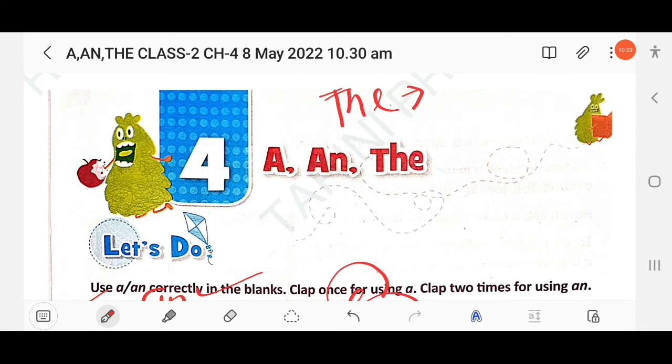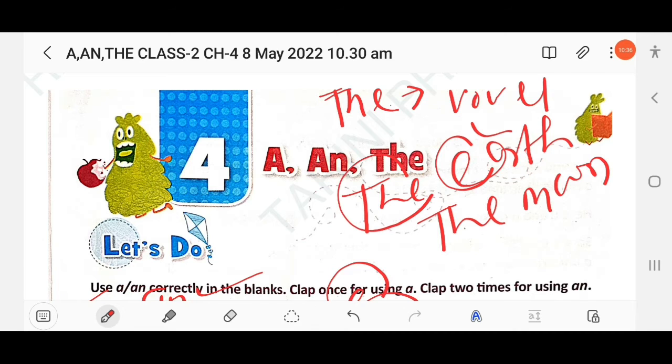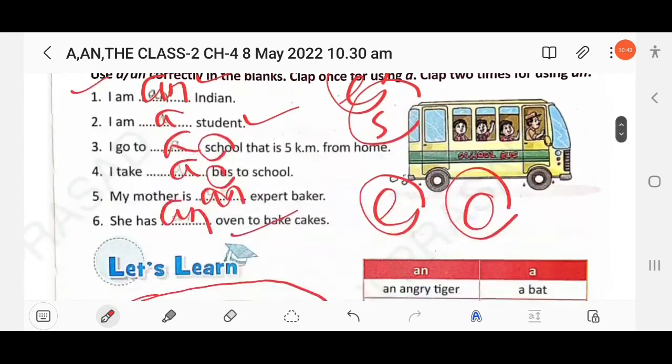Okay. If a vowel is used, the earth. Okay. The earth. But the moon. So here, as there is a vowel, you have to pronounce the. As there is a consonant, you have to pronounce the, not the. Clear?